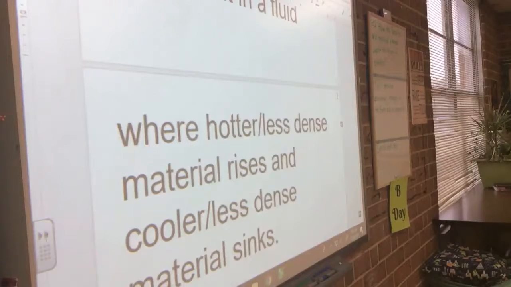That's why we have ice that floats on top of our water. And then as that fluid cools, it starts to sink back down. The cooler, more dense material sinks.